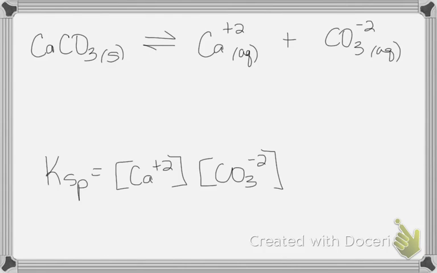Okay, so here's calcium carbonate, the next one. I've written the expression. Ksp is equal to the concentration of the calcium ion times the concentration of the carbonate ion. So what would the problem say?